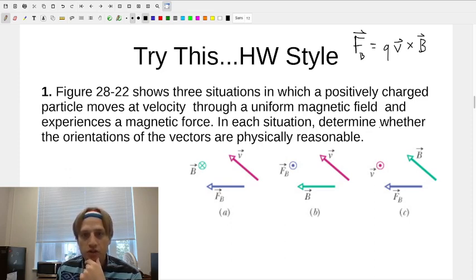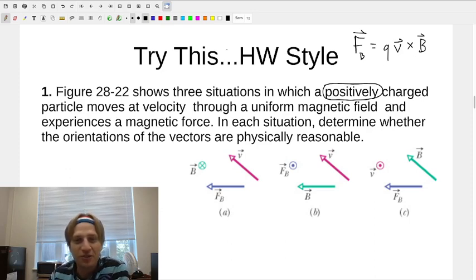In each situation, determine whether the orientations of the vectors are physically reasonable. Okay, so we have a positively charged particle, so no funny business. We don't have to reverse any of the signs. Now we're going to be just working with our V cross B equals F.